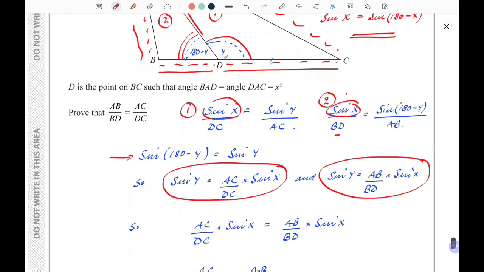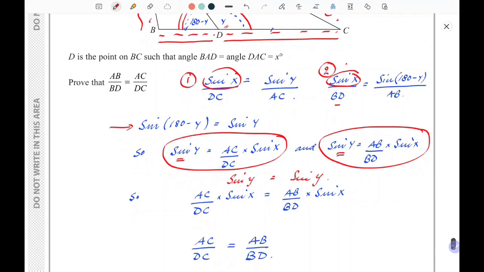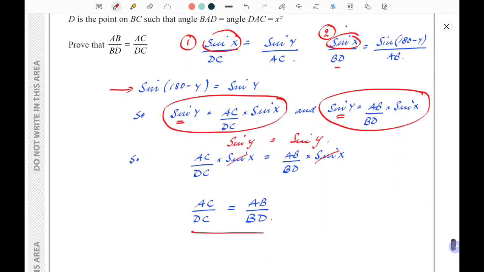So sine x and sine y, rearranging, and we get a statement for sine y and sine y again. Sine y must equal sine y. Therefore, all we're doing is putting that statement there, sine y equals sine y, putting the two statements equaling each other, cancel out the sine x's, and you're left with the proof that they want.